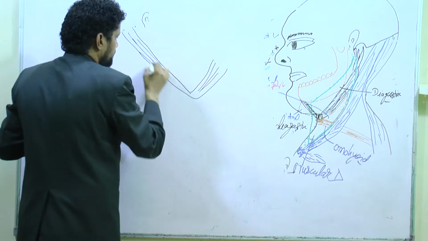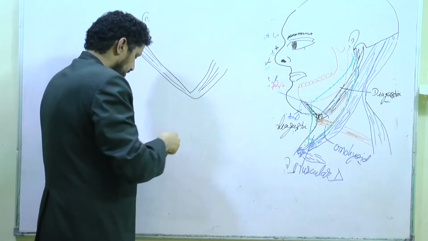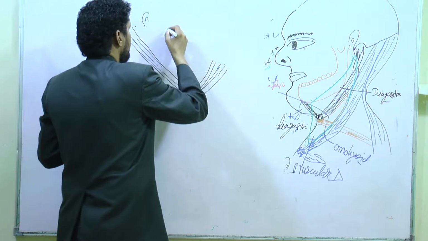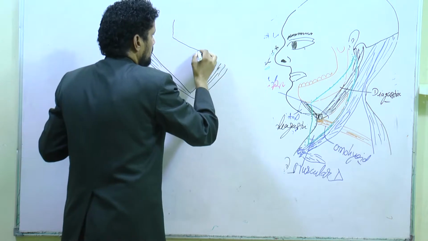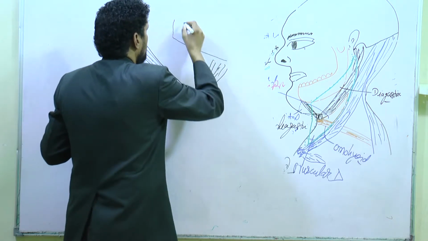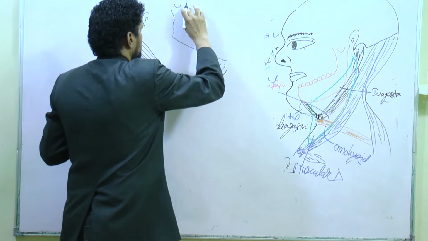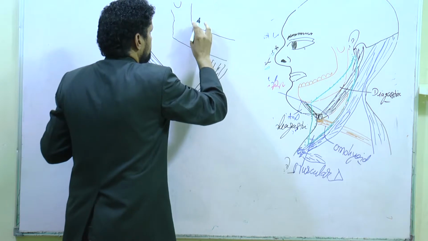The posterior belly of the digastric, the anterior belly of the digastric, the mandible.